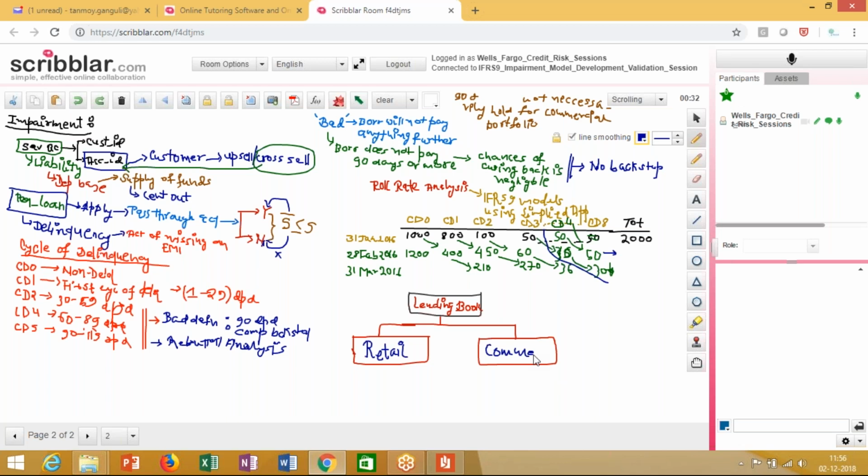Now the question is, how do you define retail and commercial loans? How do you define a loan as retail? Generally, any portfolio is characterized by the total number of accounts it has and the overall exposure that this portfolio would have.